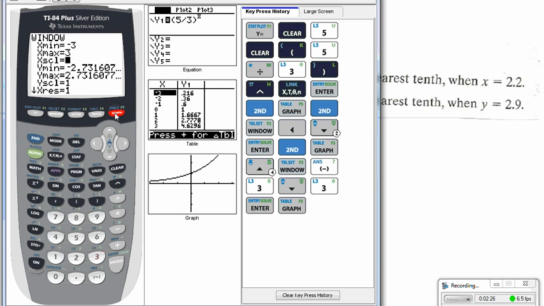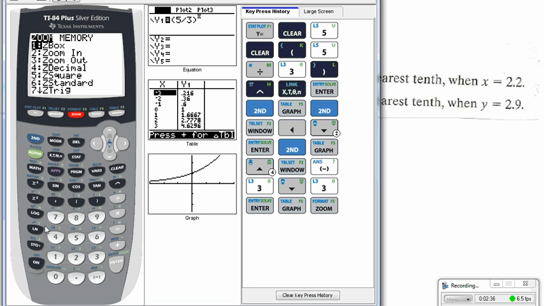Then graph. I'm going to go for zoom fit to have better reading on this one. Zoom fit is right over here. That keeps the x value as they are and changes the y value automatically for you.